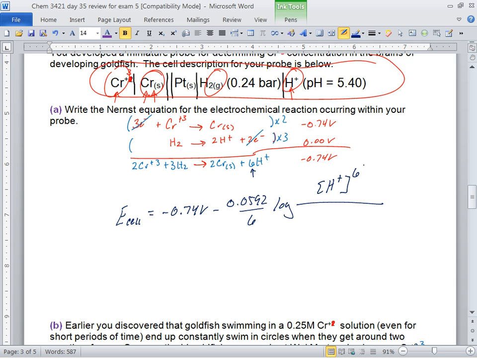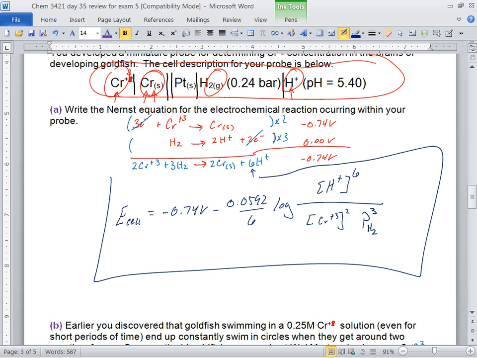Then on the bottom, I'm going to have chromium 3 to the second. And, oh, we don't use brackets. We're supposed to write what? P of little h2 to what power? To the third. That is my Nernst equation.